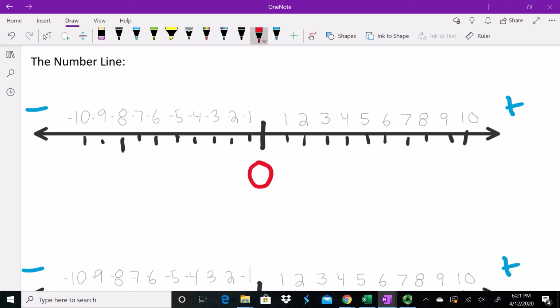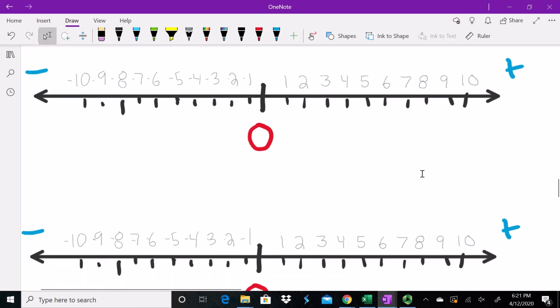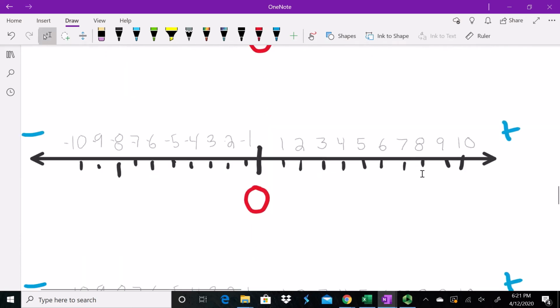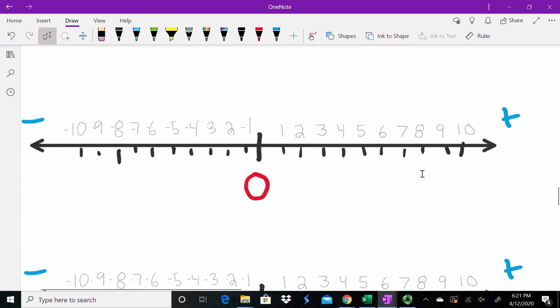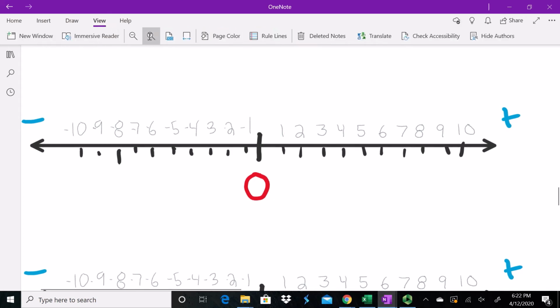If I wanted to, I could take this same number line and I could add, that's not going to work. Let me zoom in a little bit so I can write a little bit neater.